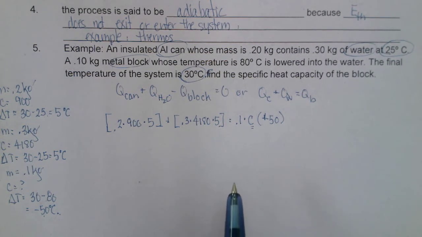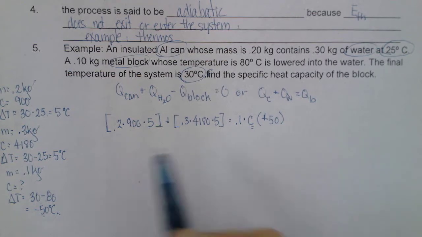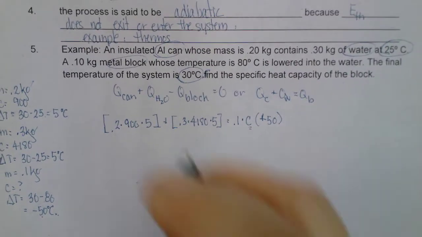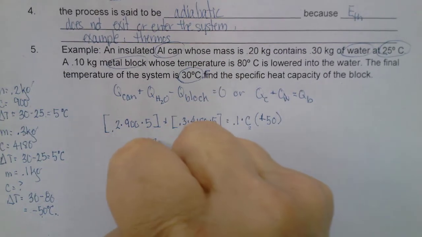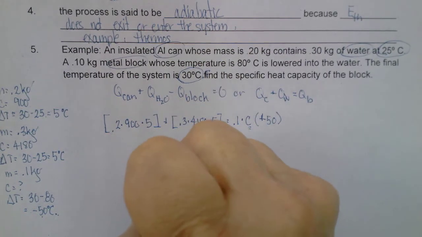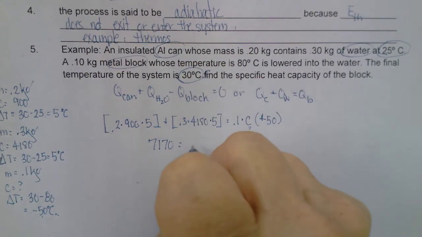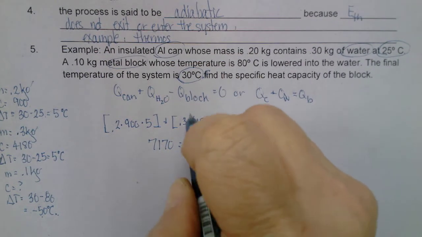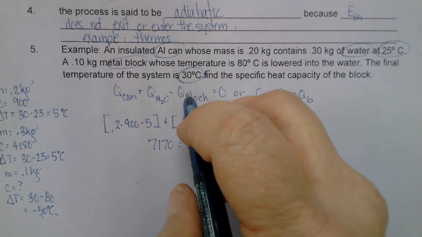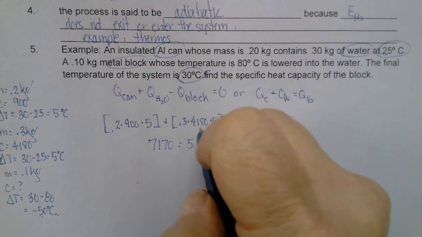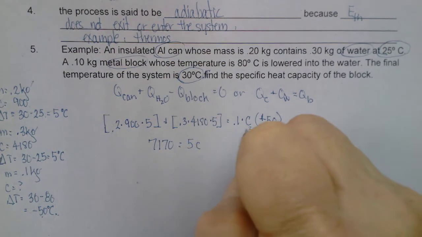So filling all of this out, on this side of the equation, when I add these two up, I get 7,170 joules is equal to 50 times 0.1 is 5, C. My C is right here.